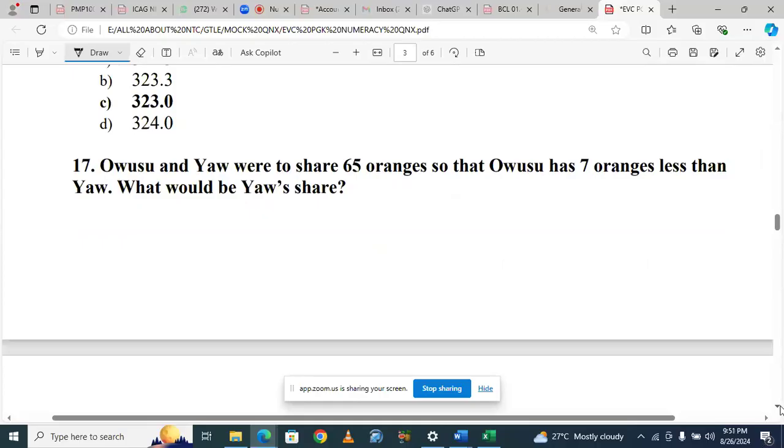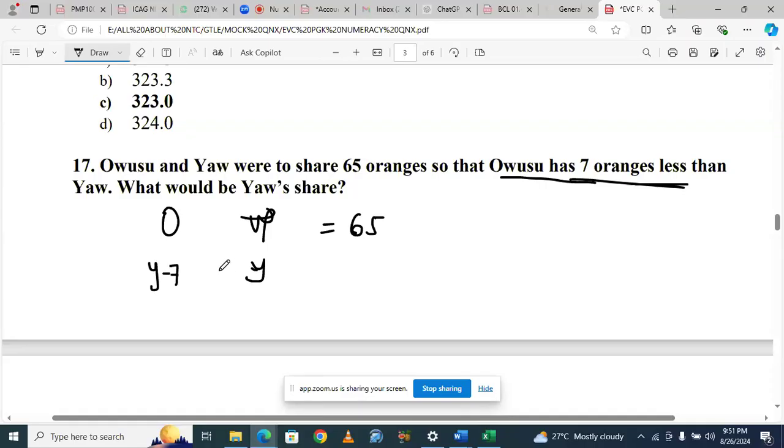Now, question 17, similar to all the things we have solved. So we have Owusu and we have Yao. They are going to share 65 oranges so that Owusu has 7 oranges less than Yao. What does it mean? It means that if Yao is going to get y, Owusu will get y minus 7.